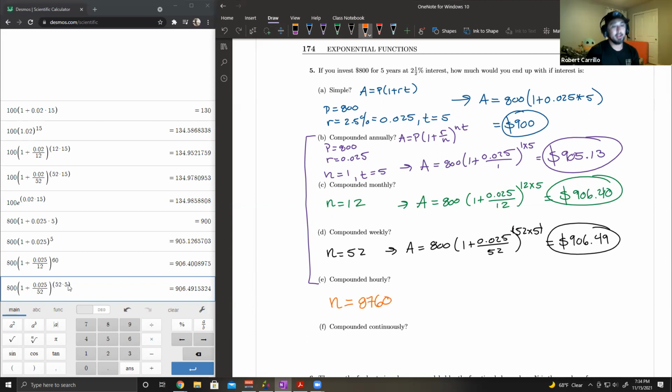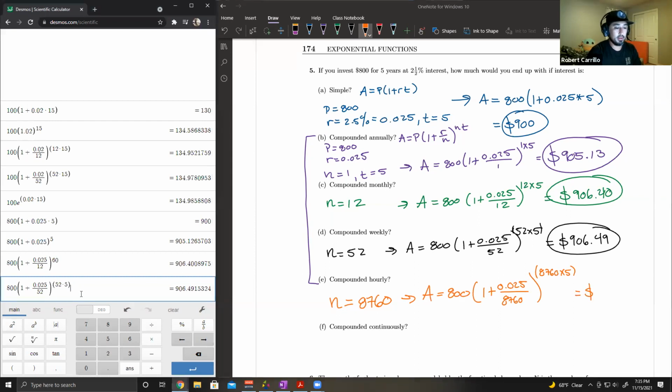There we go. That doesn't seem like very many hours for 1 year, but it's true. So you'd have 800 times 1 plus 0.025 over 8760, raised to the 8760 times 5.